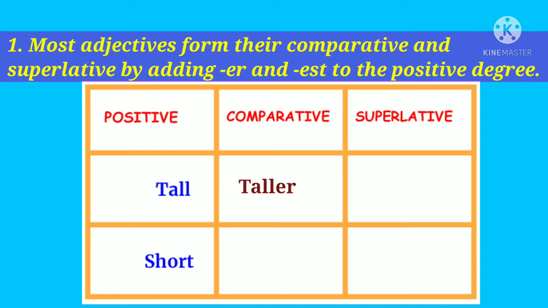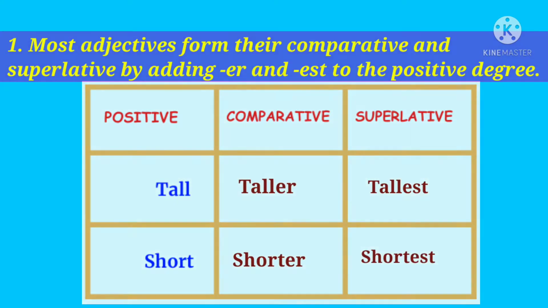And the superlative degree of the adjective tall will be tallest. Here we have added est to the adjective tall to form the superlative degree. In the same way, the comparative degree of the adjective short will be shorter, and the superlative degree of the adjective short will be shortest.